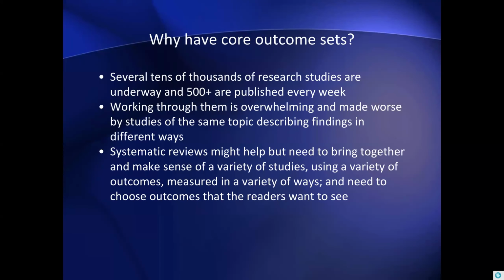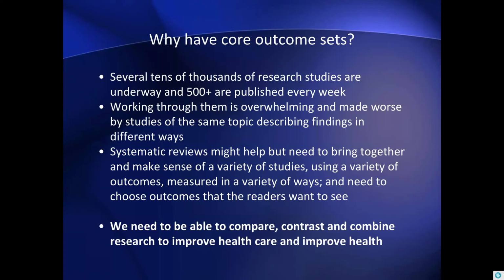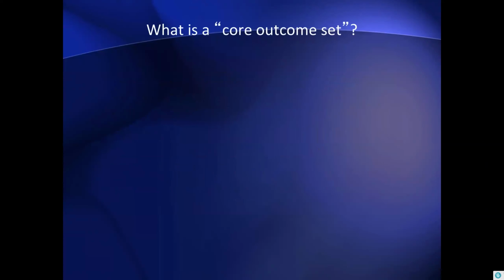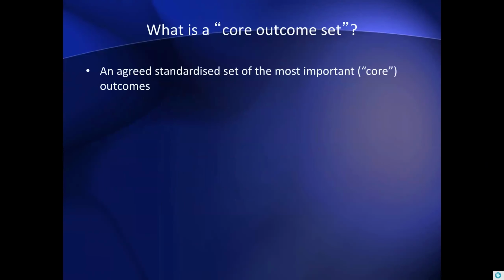One of the challenges is that there's a variety of outcomes measured in a variety of ways, and we need to be able to identify what are the outcomes that matter to the stakeholders so that we can compare, contrast, and combine this research to improve healthcare decisions. So a core outcome set could be summarized as, and we'll come on to a definition shortly, an agreed standardized set of the most important, or the core, outcome measures.